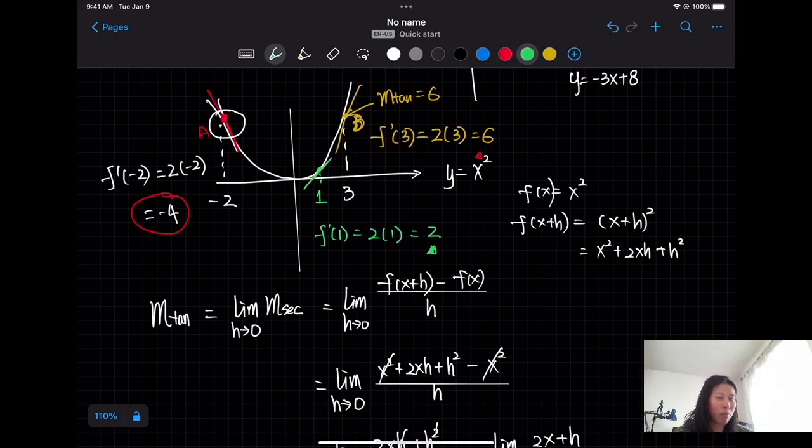They are all positive, but one is smaller, one is larger. Because at point 1, the tangent line is not as steep as at point 3, right? As x gets bigger, the increasing rate gets faster. So that's why, even though they're all positive, the numbers can be different.